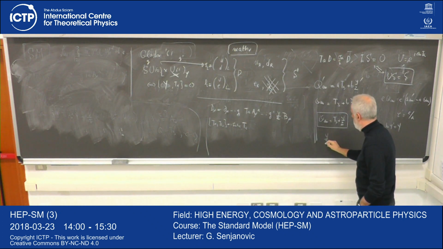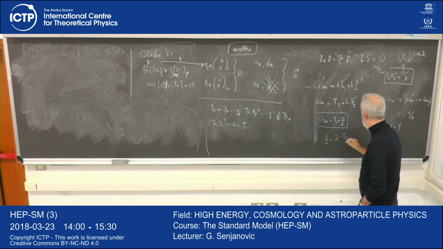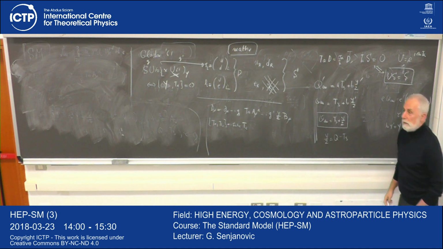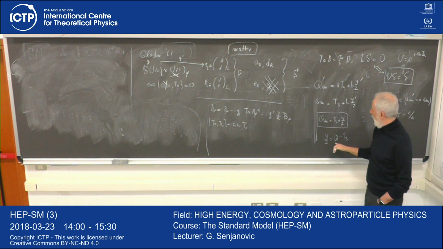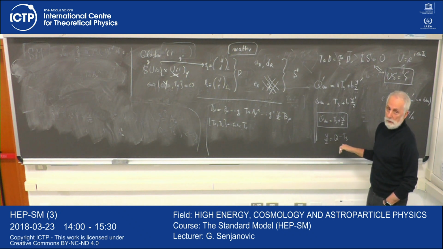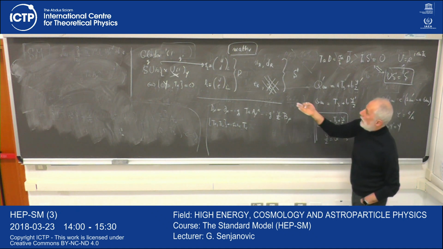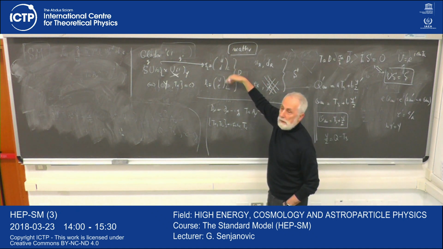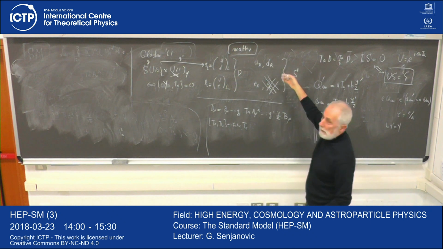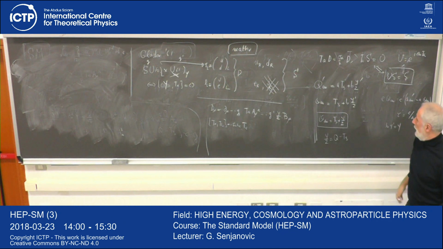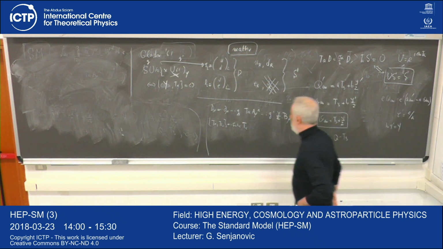You should read this as Y over 2 is Q minus T3. That's for us a derived quantity. From now on, you and I will remember Q and T3. We'll make a little effort. It's very easy to remember T3. If it's a doublet, it's plus a half, minus a half. If it's a singlet, it's 0. And charges, presumably, you remember.